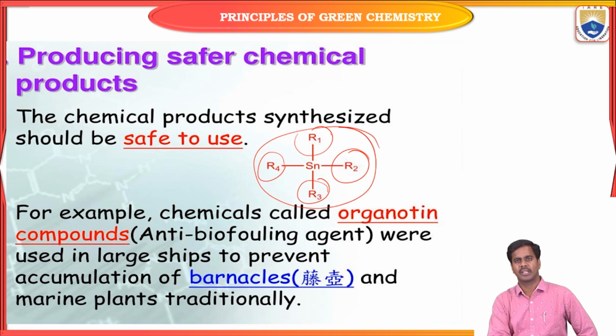These are chemicals used to prevent the corrosion of the bottom of boats and ships. They are also traditionally used to prevent the accumulation of barnacles and marine plants. So this is an example of producing safer chemical products.